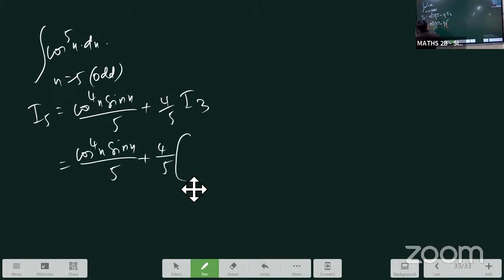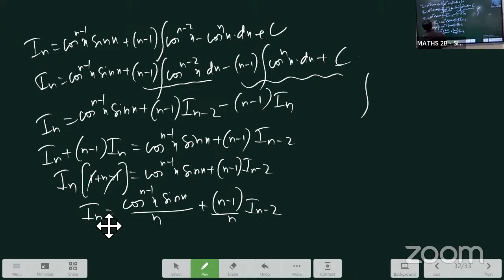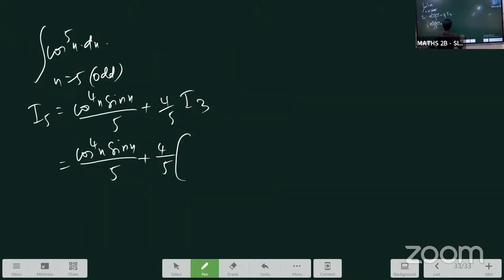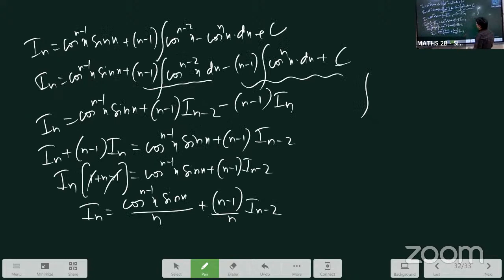Again, open the bracket. In the same formula, instead of n, you put 3 now. What am I going to get? Cos cube x sin x by 4 plus 2 by 3. 5 minus 2 is 3, no?